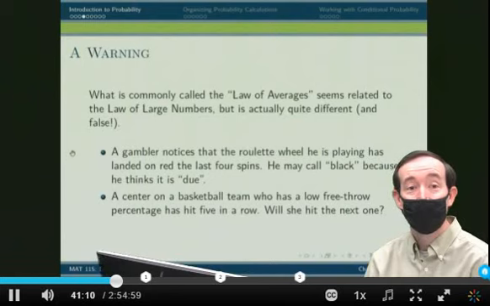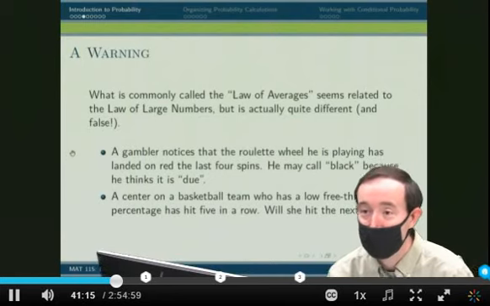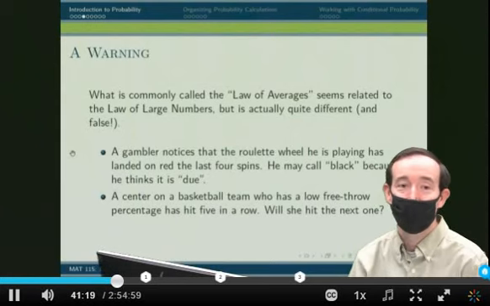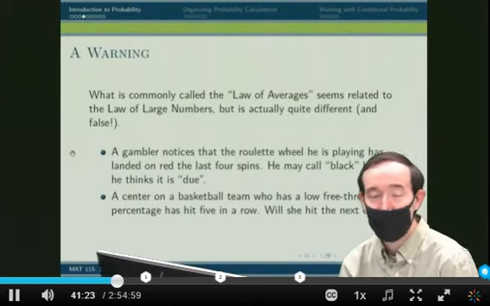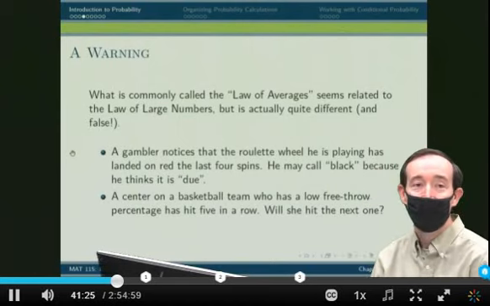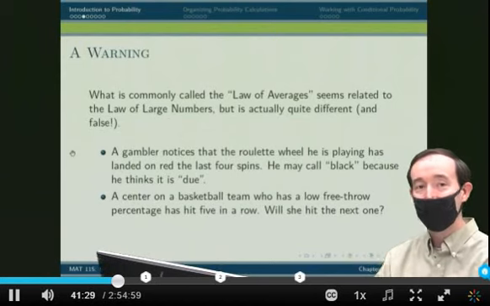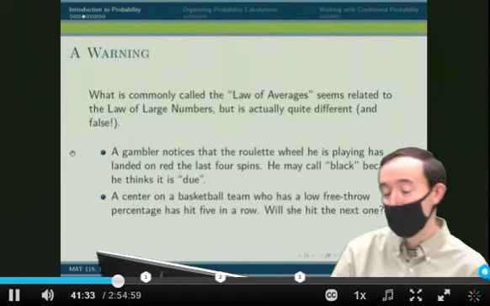Unless there's some reason, like maybe she changed her shooting motion since the last game, and that's why she's hitting these at this point. She's changed her shooting motion, and she's really gotten a lot better at shooting free throws. Perhaps that's possible. But in that case, the probability you're using is not the same as the probability that exists in this moment. So it is a violation of one of those 2 assumptions.